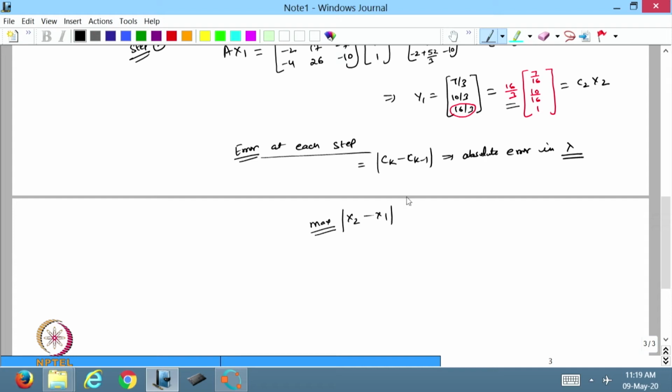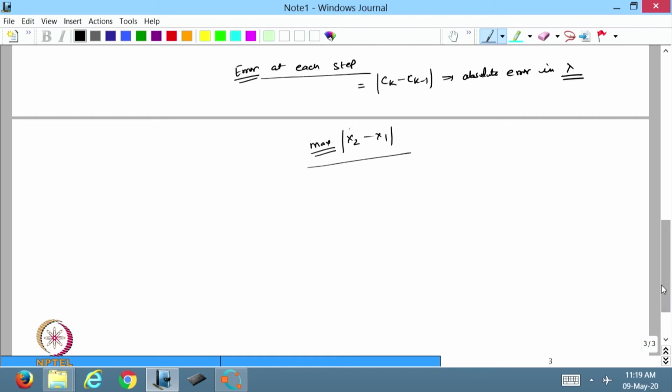So, from here what I am doing, I am taking the x2 minus the eigenvector we got in the previous step. So, that is x1, taking the magnitude and then finding the maximum value. So, this is called the L2 norm of the given vector. So, we can take this from here.